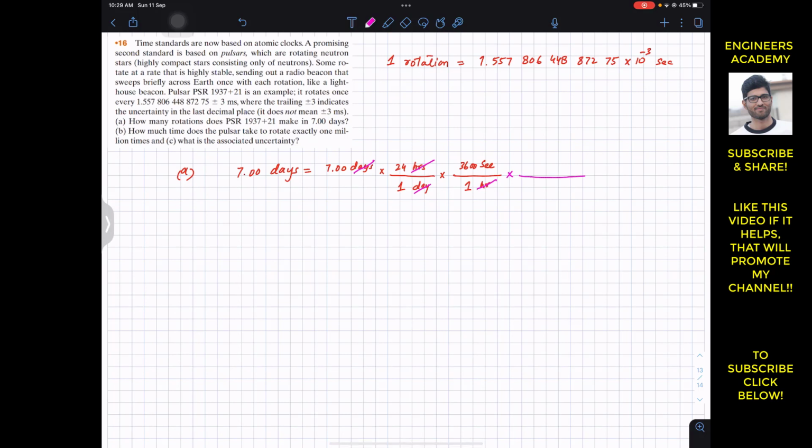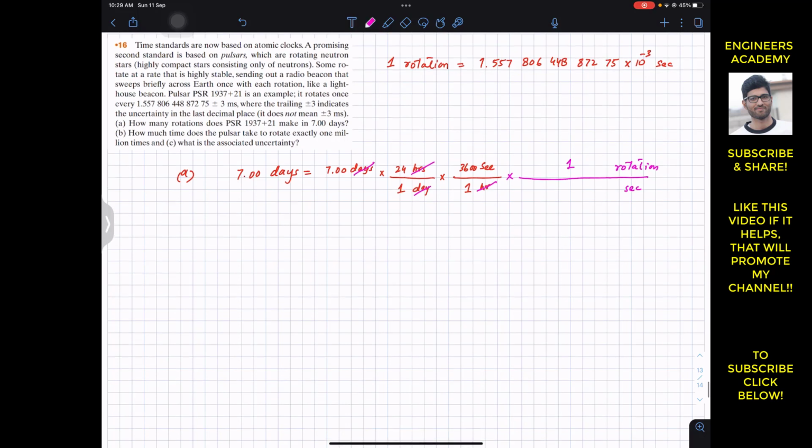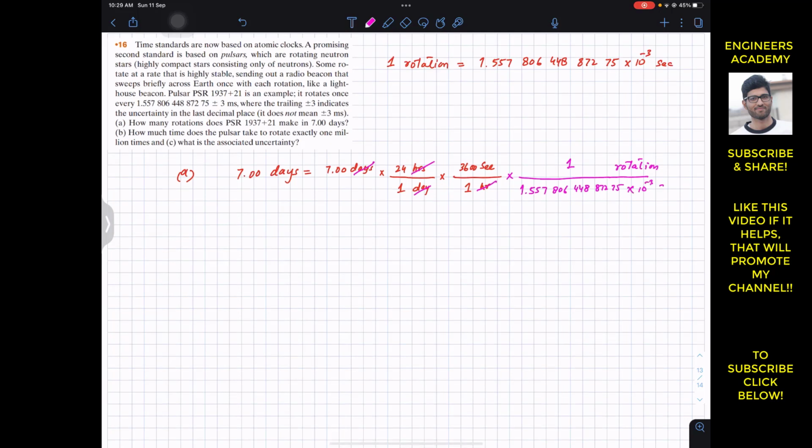So we have to multiply by a fraction to cancel out the seconds. The seconds should be in the denominator and the rotation in the numerator. So one rotation is equal to 1.557806448872 75 times 10 raised to the power minus 3 seconds.